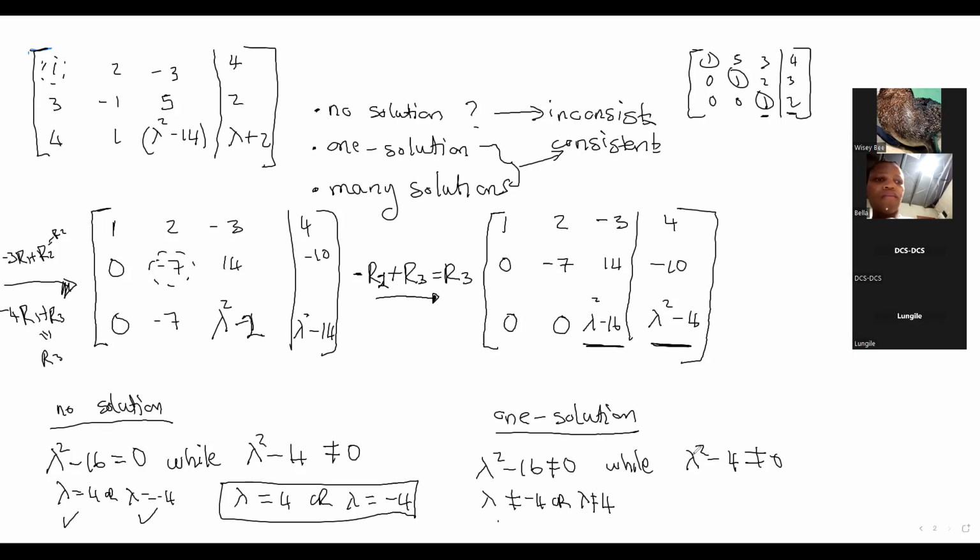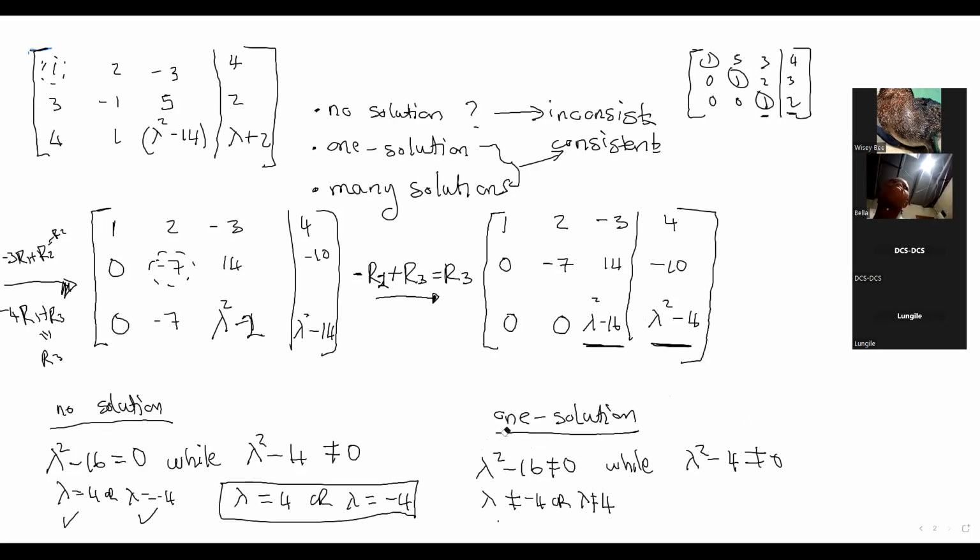the only way I can get a 0 here is if this lambda is 2. But if lambda is 2, lambda is not equal to 4, it will make this thing not equal to 0. So it still doesn't work.